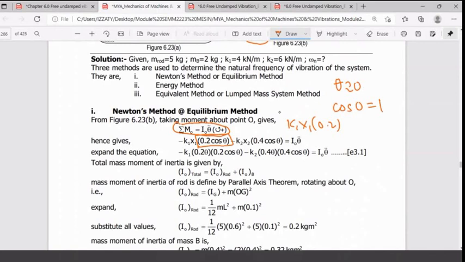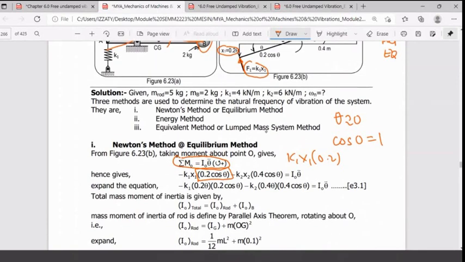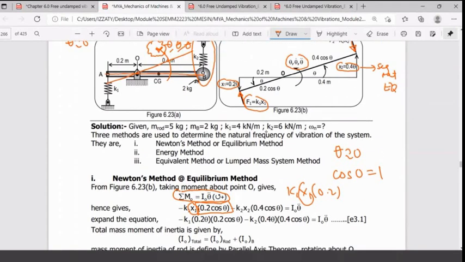This one I think everyone knows, if you are in the engineering line, or in mathematics, you also know this one, cos theta basically. So you change this in terms of x1, bringing it up here. Same thing here, you have K2. You also can ignore cos theta here.